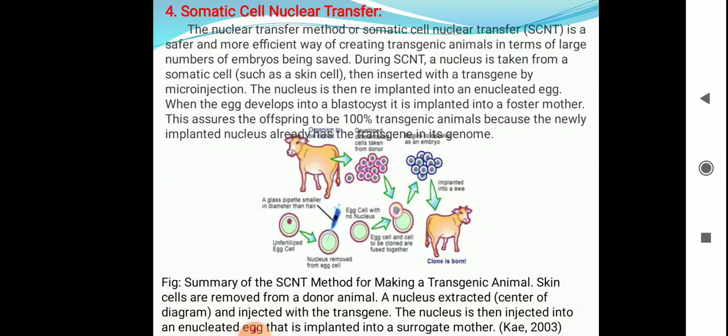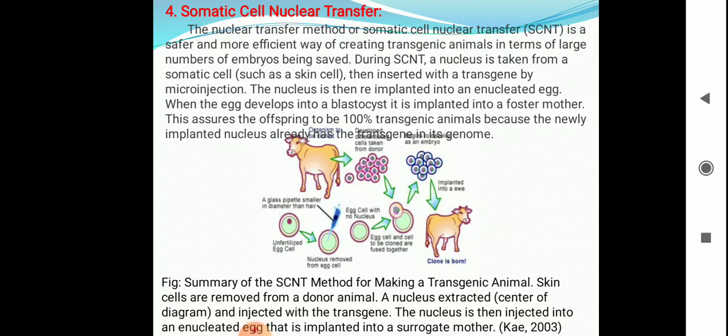From the skin cell, the full set of chromosomes is collected, and it is inserted into the egg cell. As a result, the egg cell attains a full chromosome number, like a fertilized egg cell. Now this egg cell is allowed to grow, and once it grows it gives rise to a blastula.